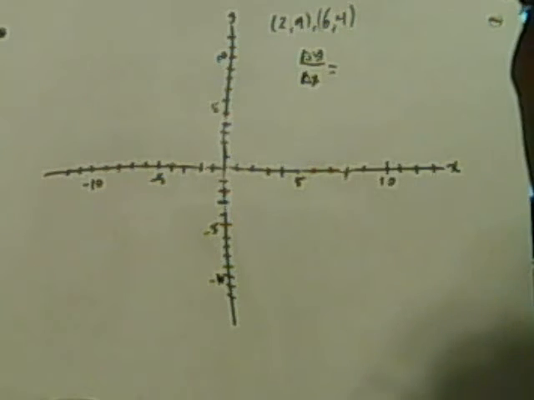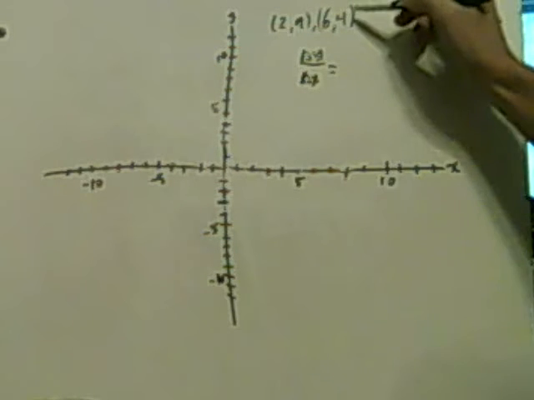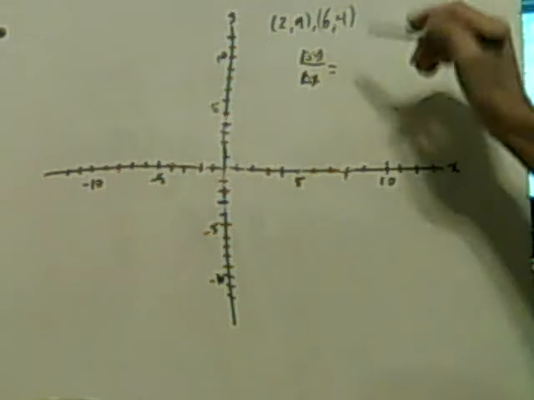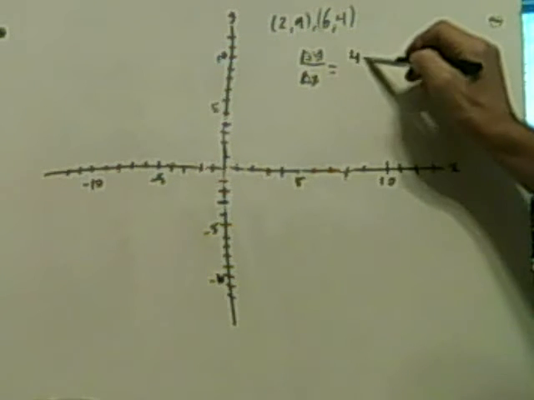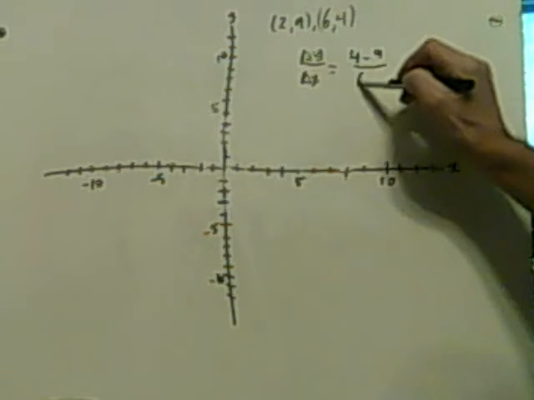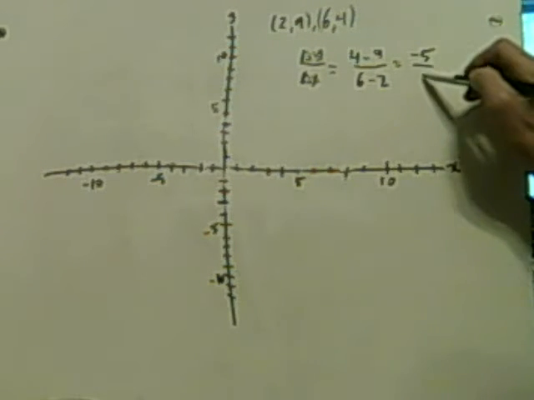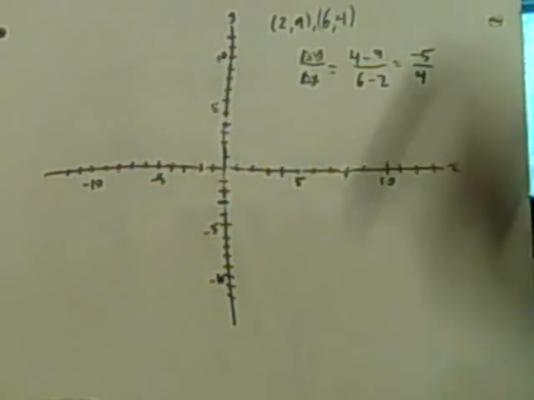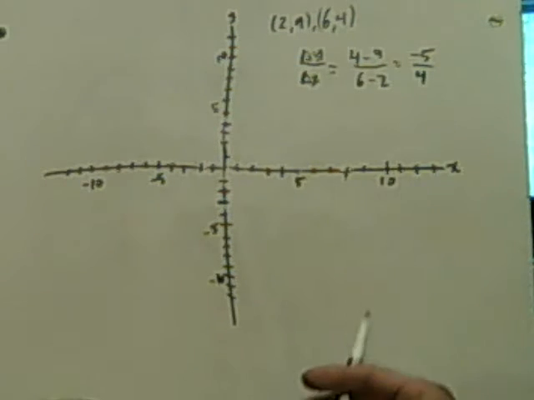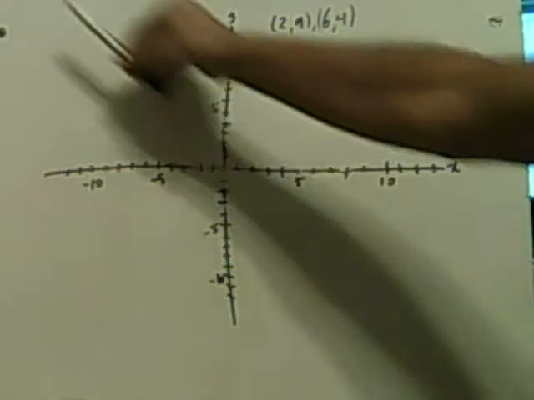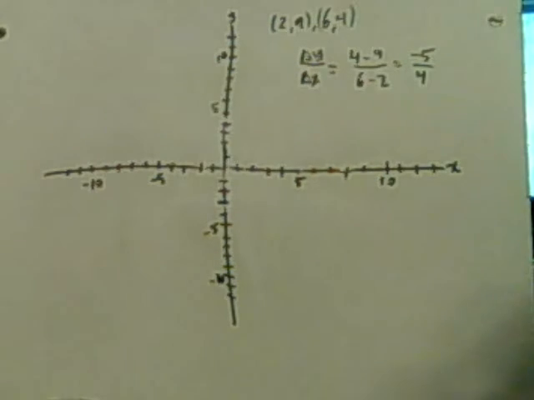Okay, and I'll just take the second one that I wrote down. 4 minus 9 over 6 minus 2, negative 5 over 4, negative 5 fourths. This one is going to be pointing more in this direction because it's got a negative slope. Okay, but they just asked us to calculate the slope, so that's it. Okay, negative 5 fourths.